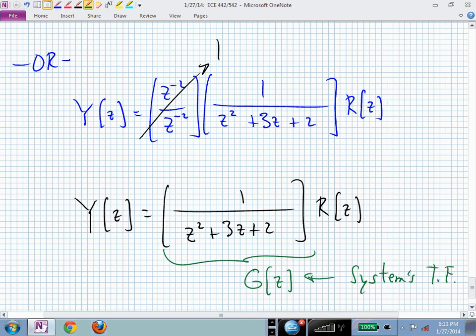Let's then go back from the frequency domain back into the time domain and create a difference equation for this representation.